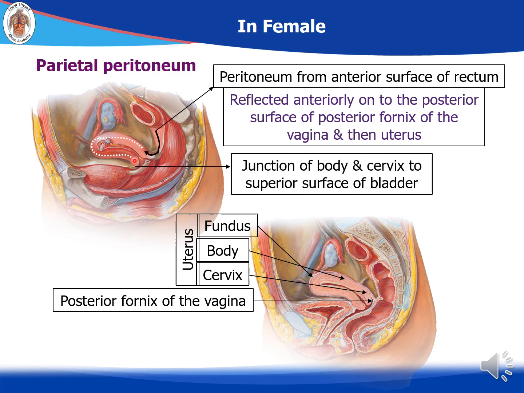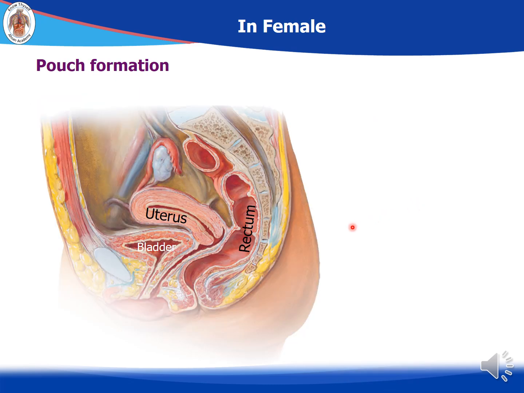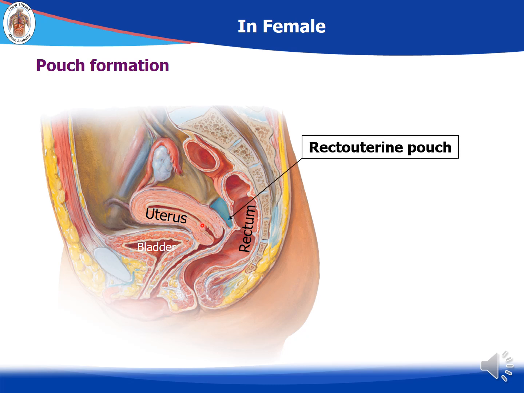This is from the junction of the body and the cervix from the anterior part. So you can see the pouch formation. The rectum is going to the posterior fornix of the vagina, then to the cervix of the uterus, body. So in here one pouch is formed, another pouch is formed in the anterior part. This one is the recto-uterine pouch, and this is the uterovesical pouch.